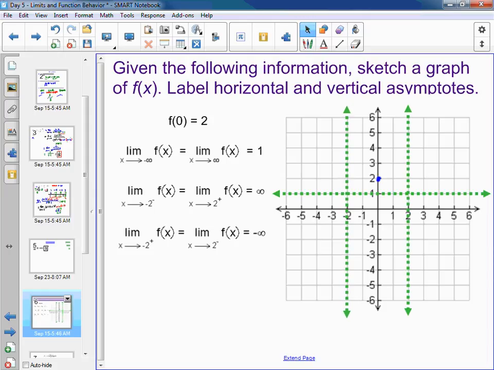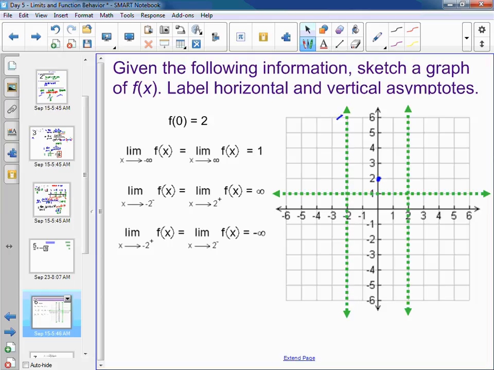And now let's go ahead and see if we can draw a picture here. So we want our function values to go to 1 as we look to the far ends of the graph. We want our function values to shoot towards infinity as x approaches negative 2 from the left.